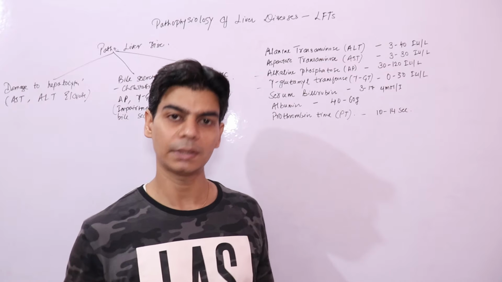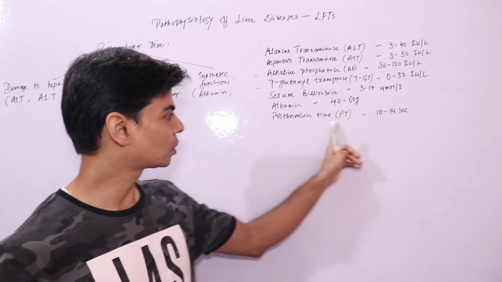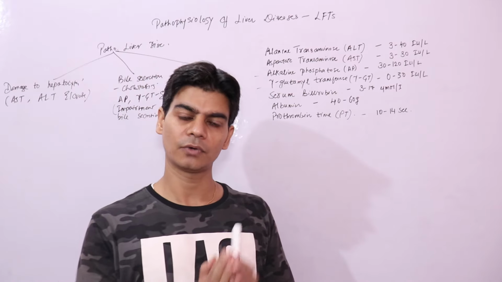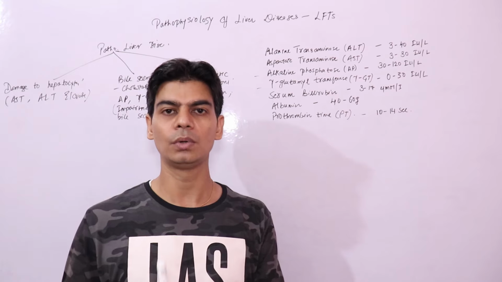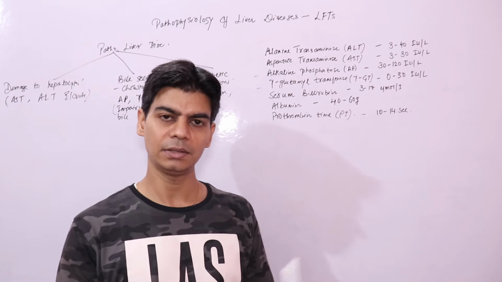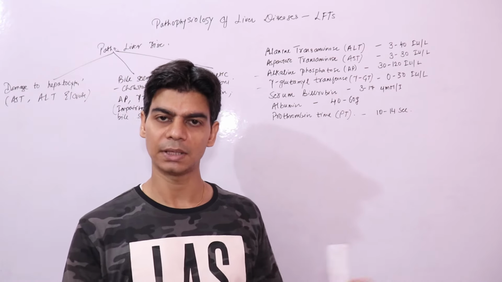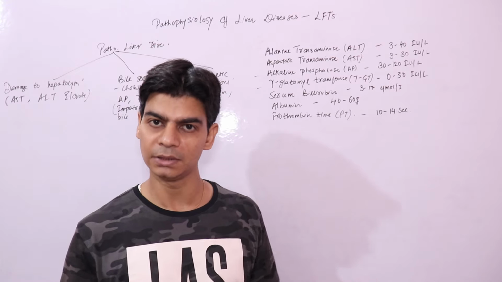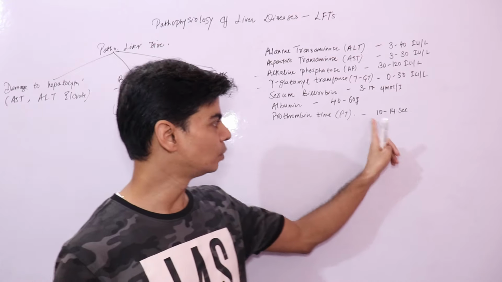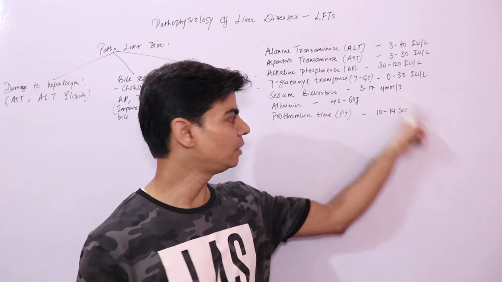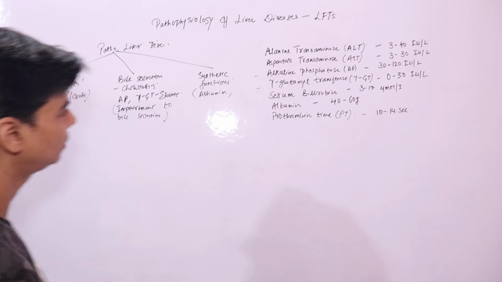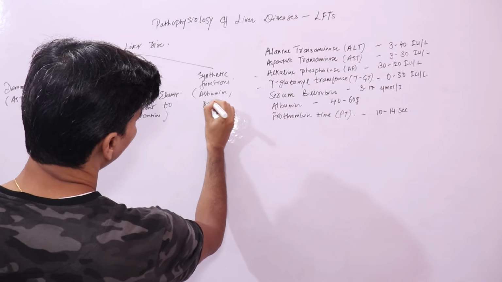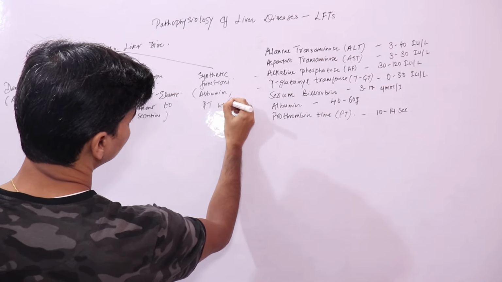And your prothrombin time will increase. This is the prothrombin time, which is the time required for blood to clot. If there are fewer coagulation factors due to liver disease, then this prothrombin time will increase. That is, the time required to clot blood will increase. If this time is more than 10 to 14 seconds, that means there are some issues with the liver. So here your PT will prolong.